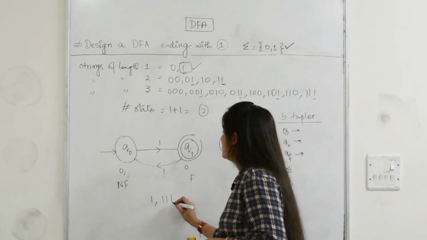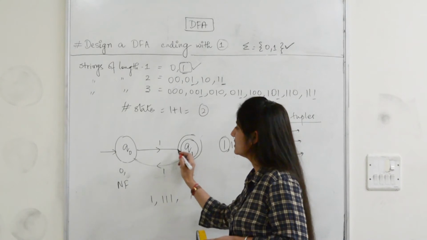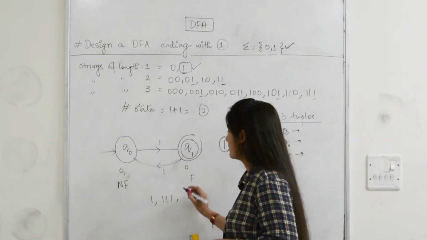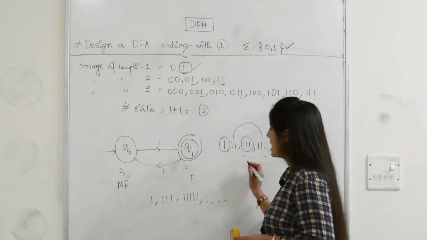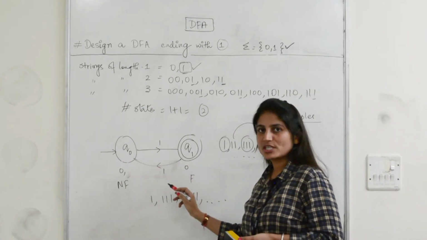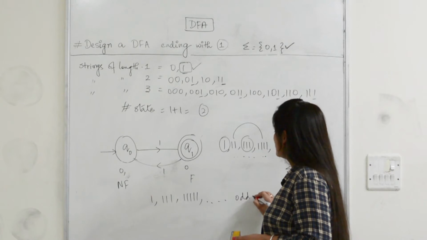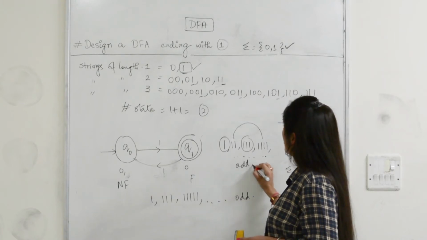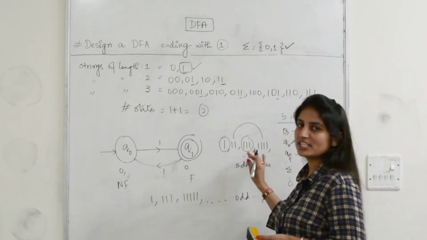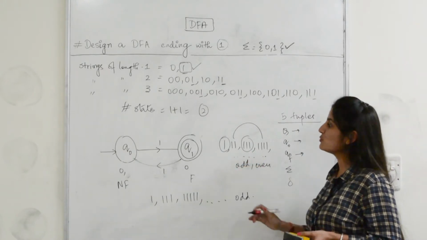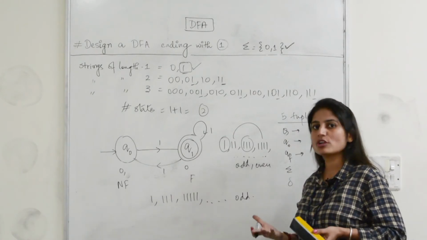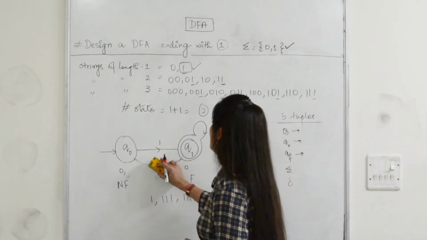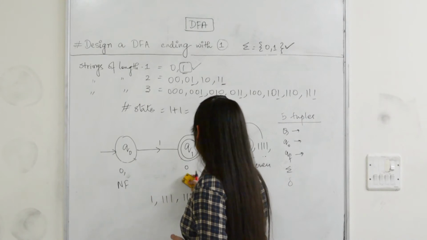So 3 ones are accepted because it ends on the final state. Similarly 1, 2, 3, 4, 5, so 5 ones are accepted. If I see this pattern, this transition accepts only an odd number of ones, whereas the other accepts odd as well as even, meaning all possibilities of ones. So we prefer this transition because it accepts more ones, and this one will be cancelled, or removed.